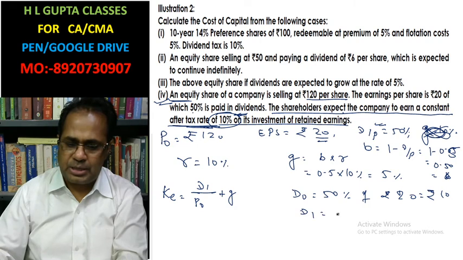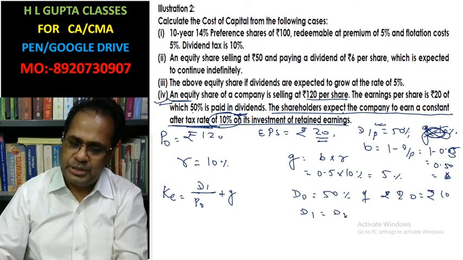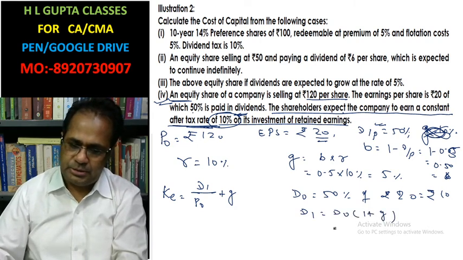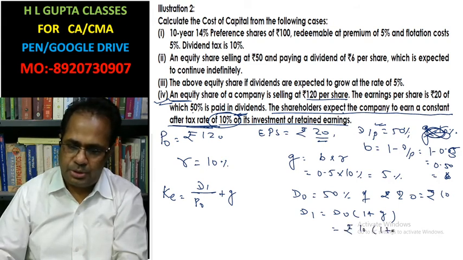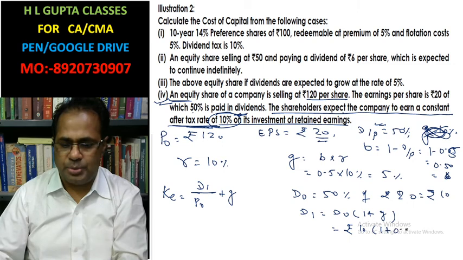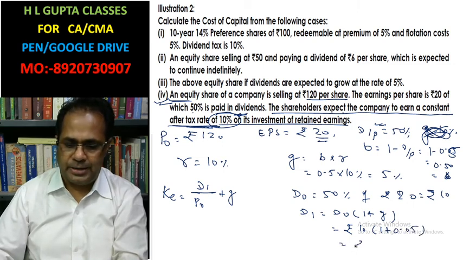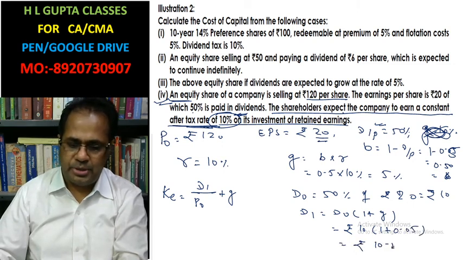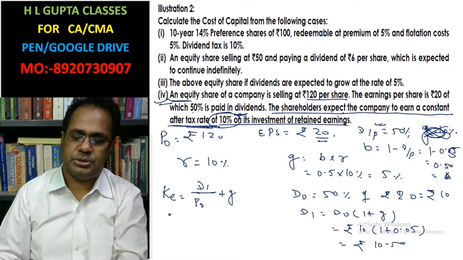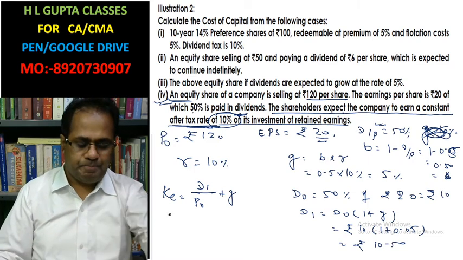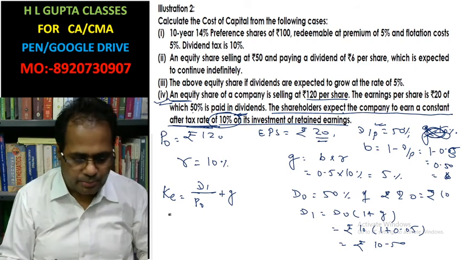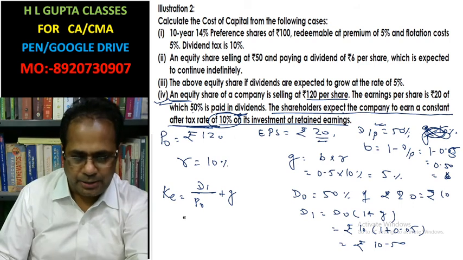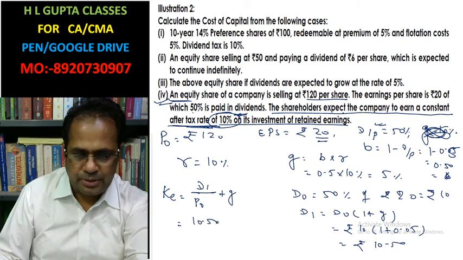Then D1 is D0 into (1 plus g), that is 10 into 1.05, which is 10.50.